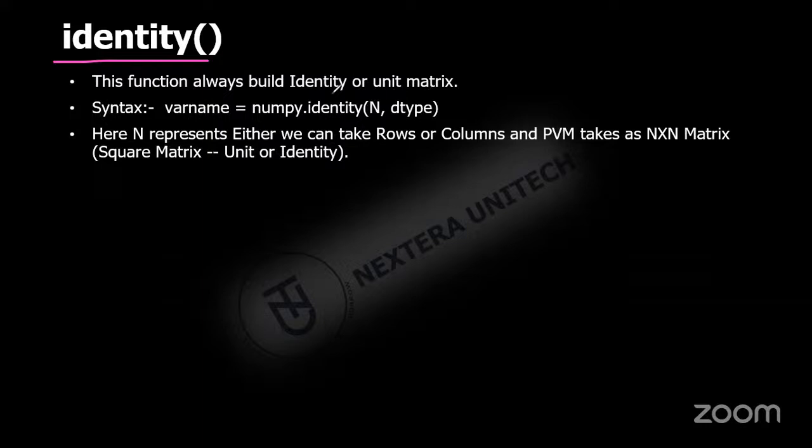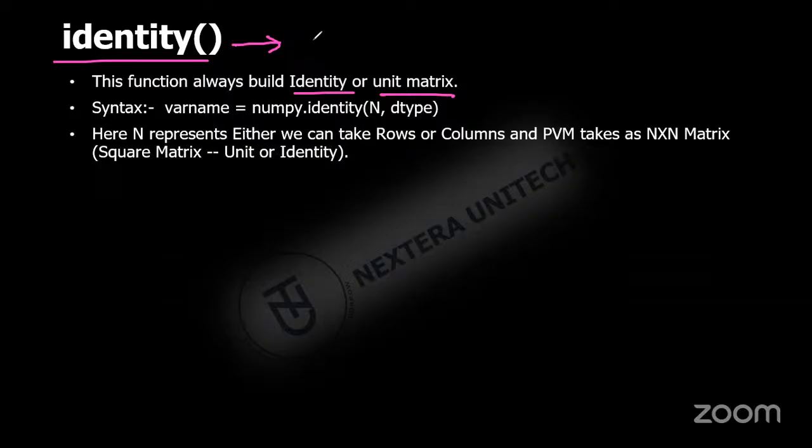Especially it helps us to build an identity matrix. Are you guys aware of an identity matrix? What is an identity matrix? An identity matrix is a square matrix in which the diagonal elements are 1 and the rest of the non-diagonal elements are 0.